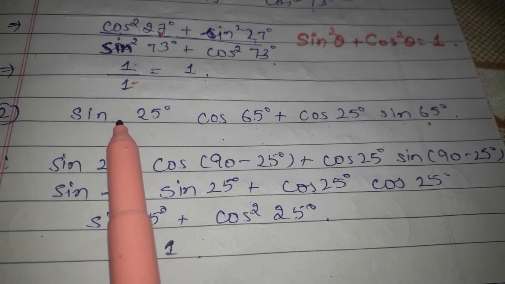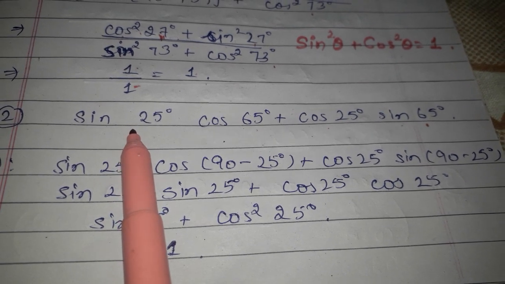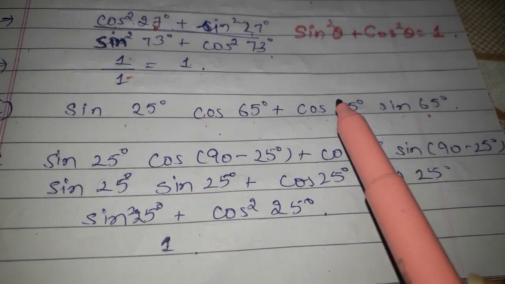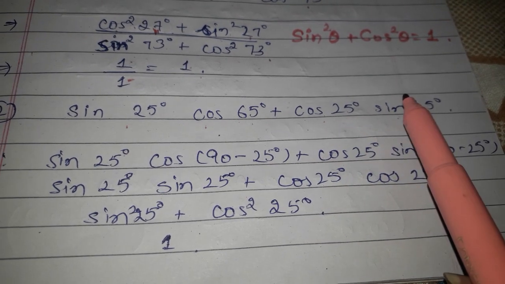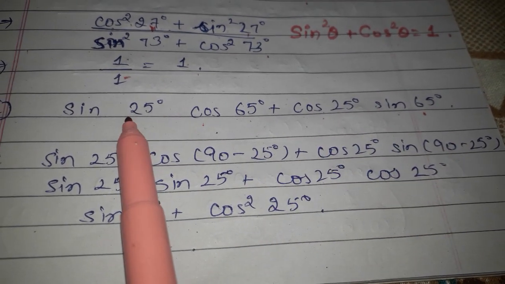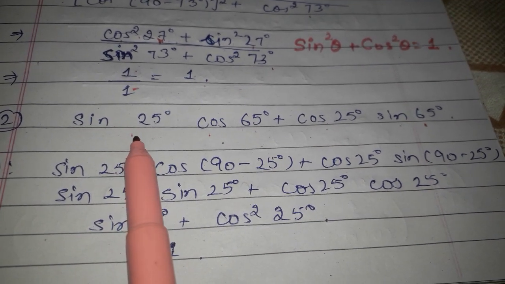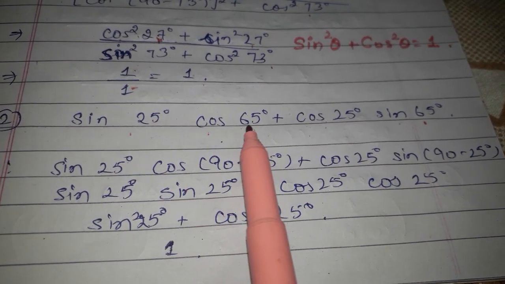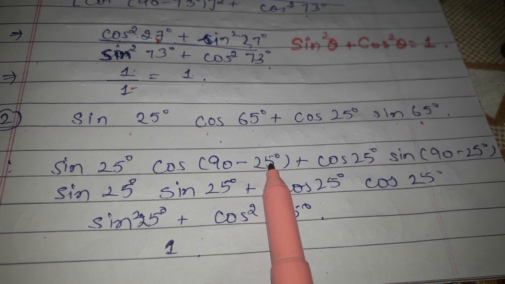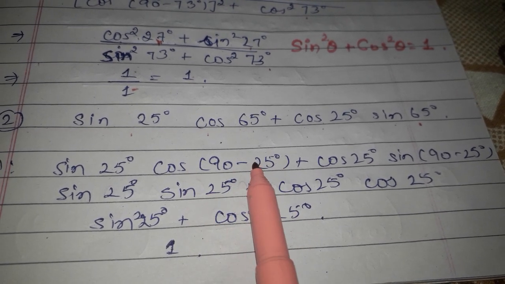That means you can convert this sine to cos to get cos square, or this cos to sine to get sine square. We have to form sine square and cos square. Here I have sine, so I am changing cos 65 to cos 90 minus 25, which will become sine theta.